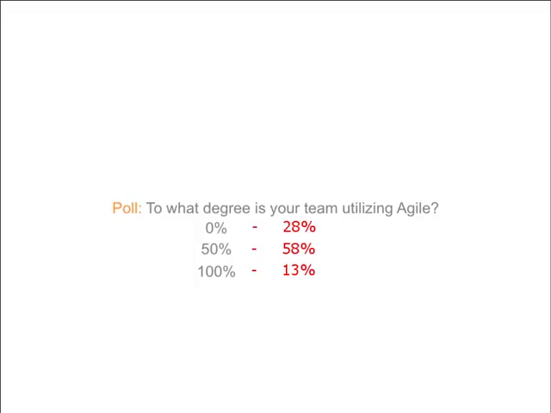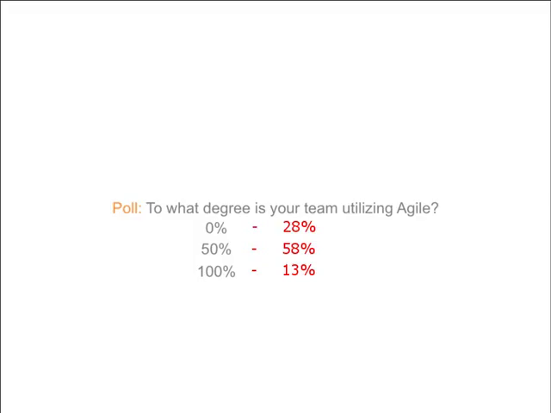Okay, so what we have here is, let's see, the first answer was 28%, second 50%, and third is 13%. Great. Okay, that's very interesting, actually. So it's about what I expected. Typically, we see this a lot in the industry, that there's a hybrid approach to Agile, that you're either not using it at all, which is common.